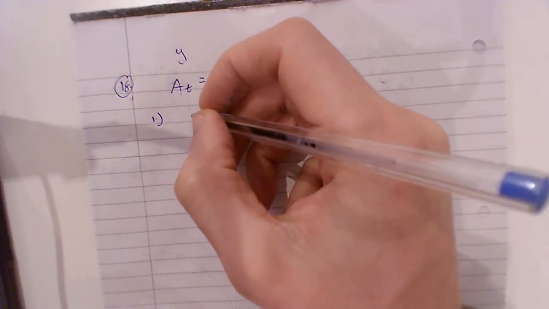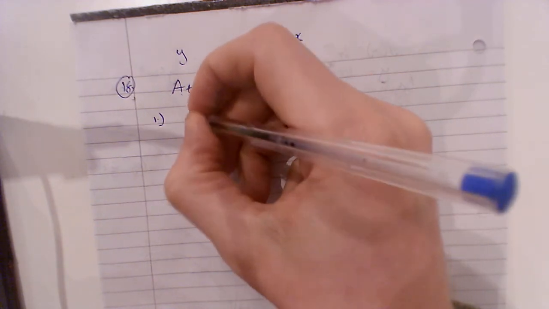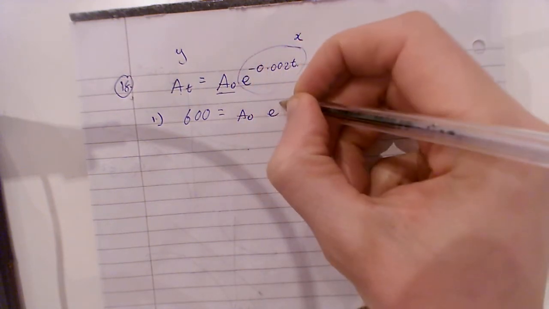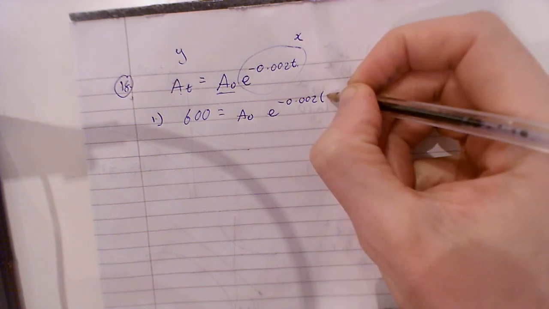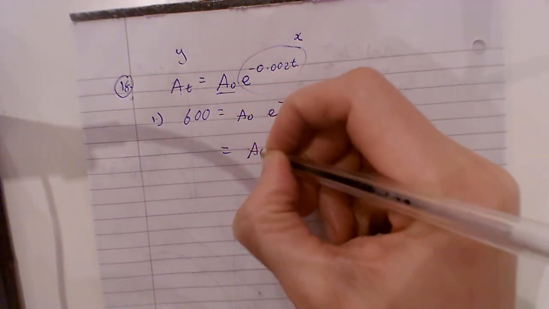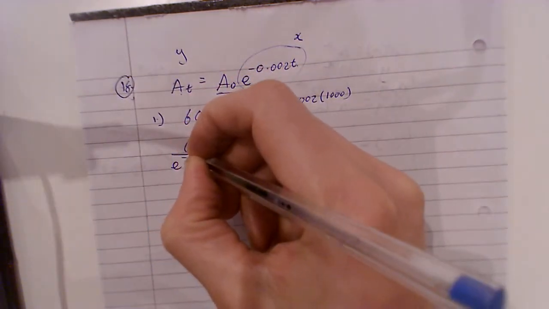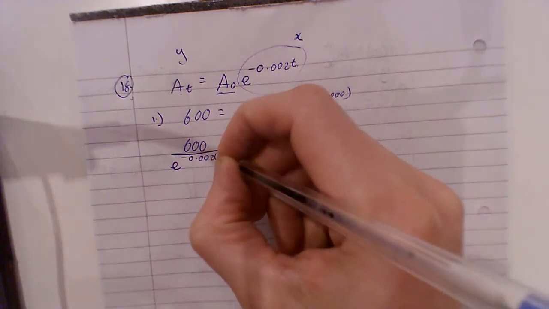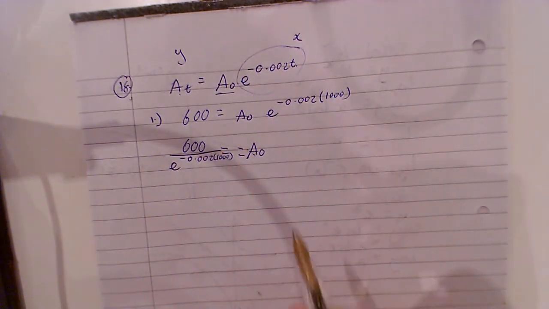They say 600 grams are left. So 600 equals A0 times e to the minus 0.002 by 1,000 years. Put that in: A0 equals 600 over e to the minus 0.002 by 1,000. Put that into your calculator and you get an answer.